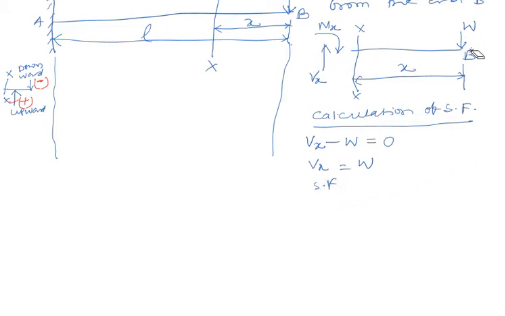So the shear force towards left of B is how much? Because the right side of this load is 0, the shear force starting from this point, the shear force at B left is equal to W, and this shear force will continue till A, because there is no other force acting on this beam, only one load W at the free end.